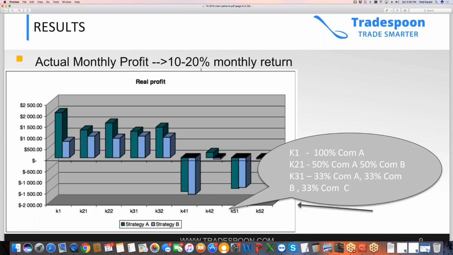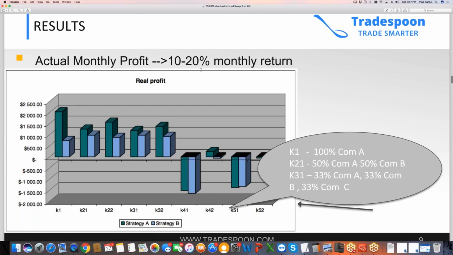Based on these stocks, you can buy them at the market open or at the predicted low price, and you can invest in 1, 2, or 3 stocks, and then you can see what the monthly returns were in the past using this strategy.